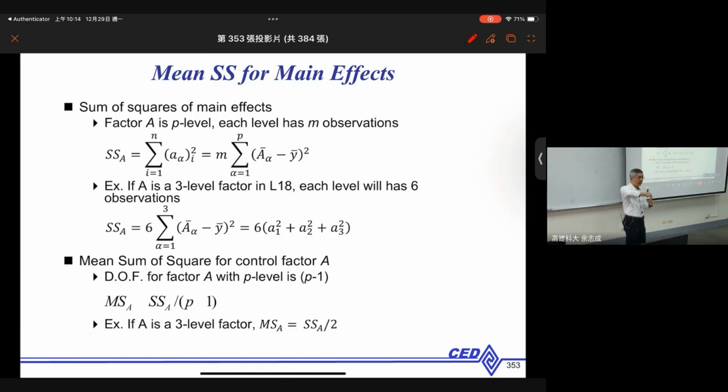Because there are 18 experiments and 3 levels. Therefore, each level will repeat 6 times. Then M will be 6. So the sum of square will be the main effects A1, A2, A3. And A1, A2, A3 can be calculated using the average output minus the total average. The main effect square summation will be that, then you can get the main effect for A.